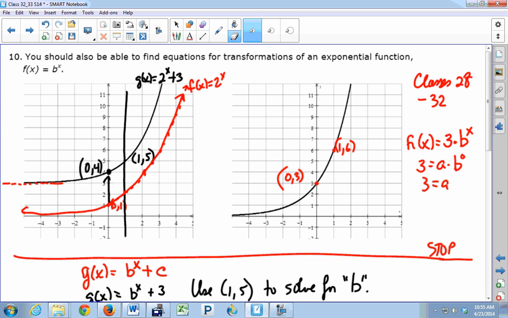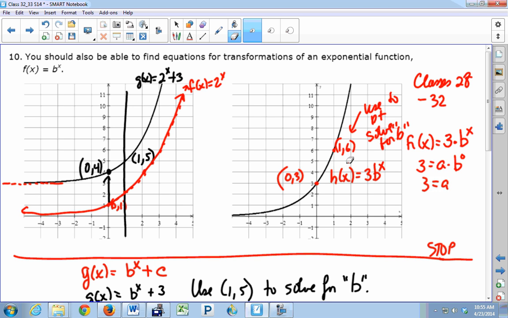Now, what the heck is my base? Well, use this point to solve for b. We've got the a value part figured out, so let's figure this out. h of x equals 3b to the x.